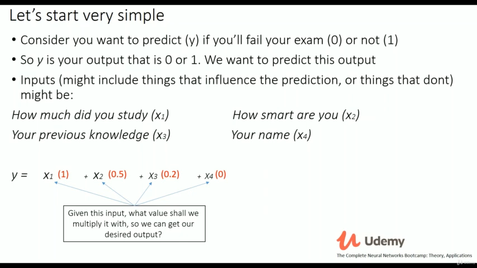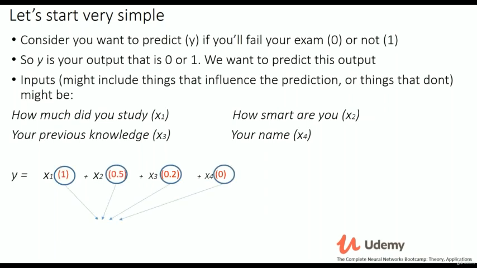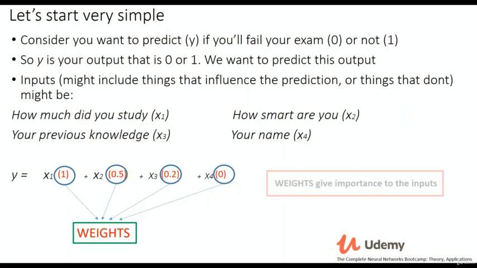And I repeat again, these values are the weights, or the importance of your inputs. These are what are called the weights of a neural network. Again, I repeat, weights give importance to the inputs. So you're weighting your input based on how important it is.